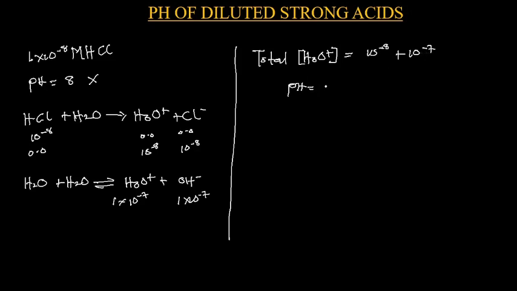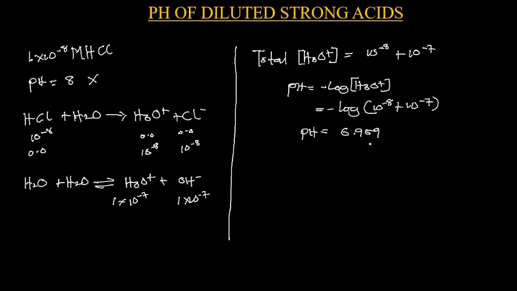The pH, again, we say is negative log of H3O+ concentration. So we'll be having negative log of 10 exponent minus 8 plus 10 exponent minus 7. And in this case, we're going to be having the pH to be equal to 6.959.